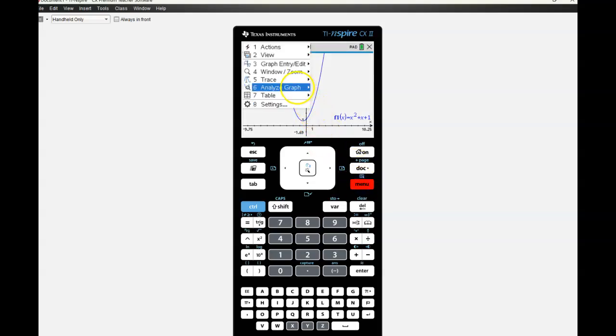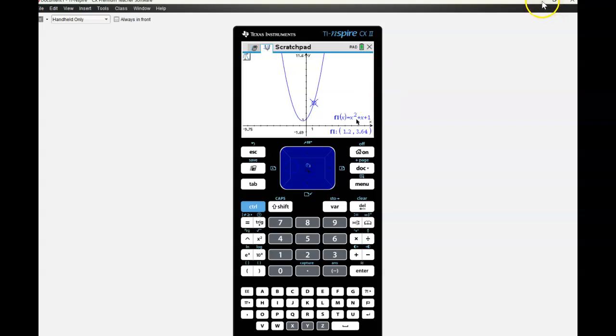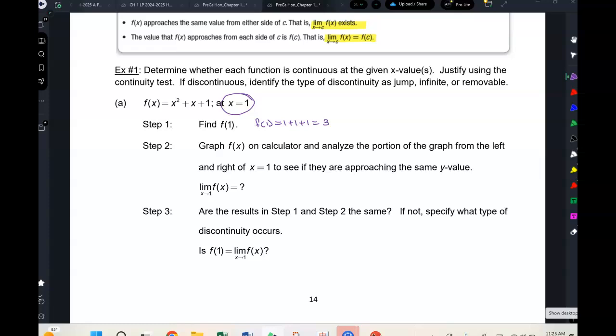If we trace, look at this. It's x equals 0.3 right now. Do you see how, as I approach 1 from this side, it looks like it's approaching 3? And if I approach 1 from the other side, it's also approaching 3. So the limit of f of x as x approaches 1 is 3.